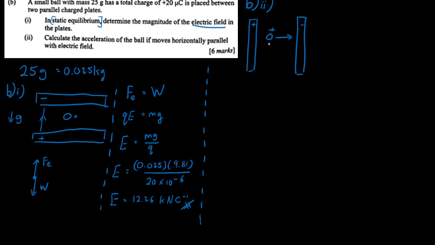And then at the same time, we should not forget that it is still influenced by the weight of the ball, right? So if I were to draw the free body diagram this time, I'll have the electrical force to the right, and then I'll have the gravitational force going downwards, okay? So as you can see, this is a very simple example.